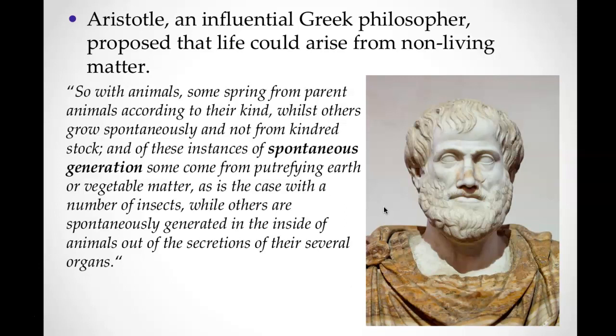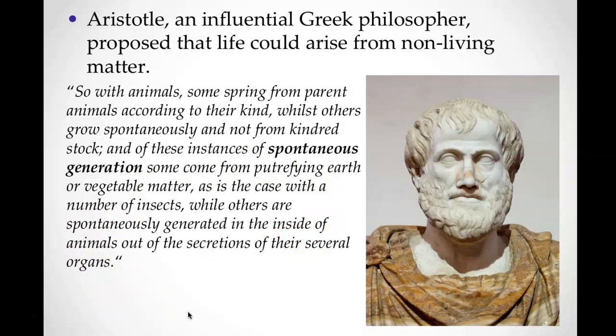And of these instances of spontaneous generation, that's what he called it, spontaneous generation, some come from putrefying earth or vegetable matter, as is the case with a number of insects, while others are spontaneously generated in the inside of animals out of the secretions of their several organs. What you should be thinking of is, when an animal dies, what is one of the first things you're going to see?